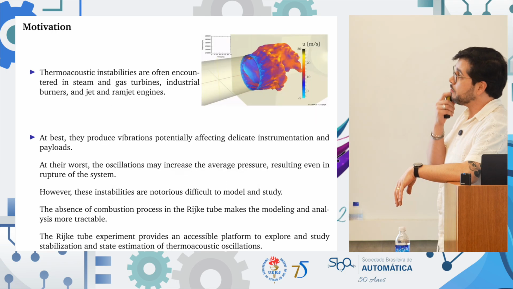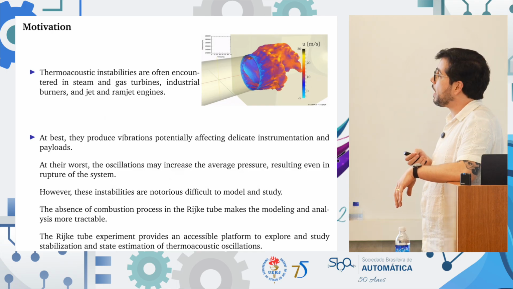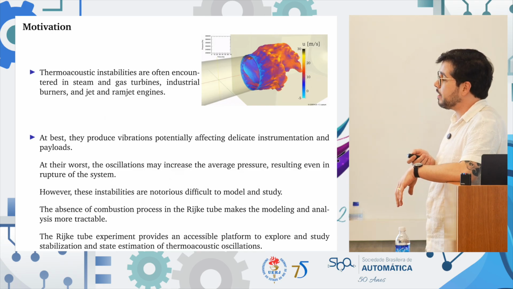This kind of phenomenon, as I said before, appears in several engineering systems, such as gas turbines, industrial burners, and combustion chambers. And due to the oscillations they generate, they can damage the system.